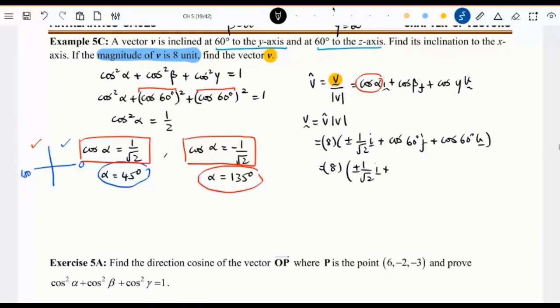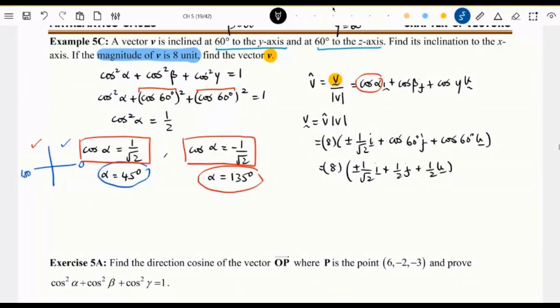Okay, tadi berapa? What is our cos 60? 1 over 2. 1 over 2 j and then 1 over 2 k.